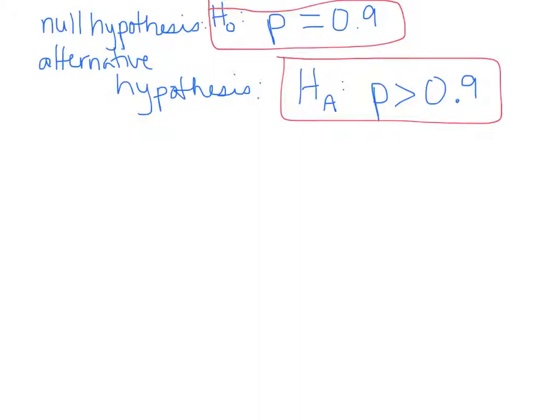So make sure that you're using proper notation on this. The P is going to be the population proportion of the city. It's not of the whole country. It's just going to be of the city. That's what our population is in this case. It's the city, or city homes. And remember that population proportion is a P without a hat.